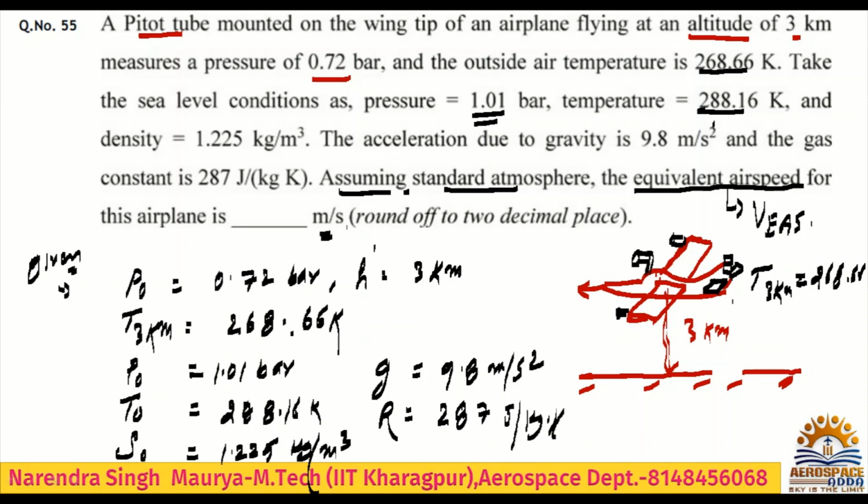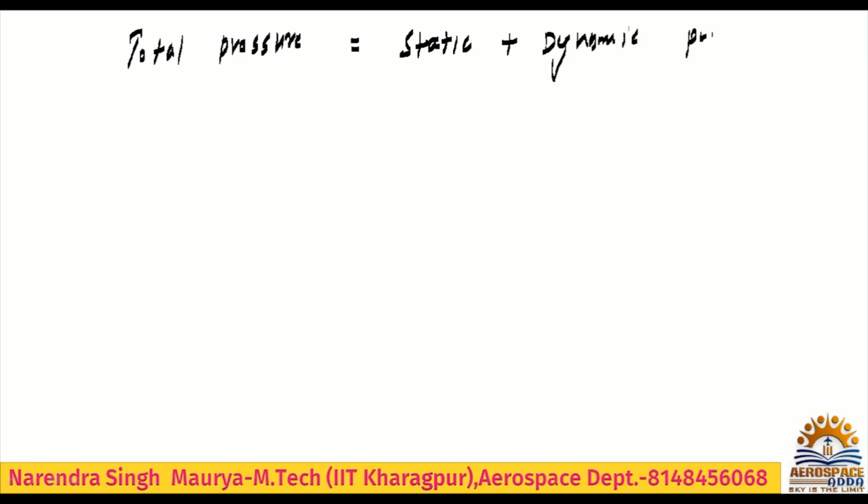All right. Anyway, first of all we'll write the formula, like how to calculate equivalent airspeed. So it's a very common thing. Like you write the pressure formula. So what is the total pressure? You know what is the total pressure is equal to, this is the Bernoulli equation only, static pressure plus dynamic pressure.